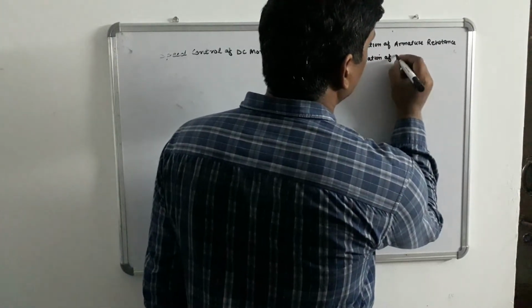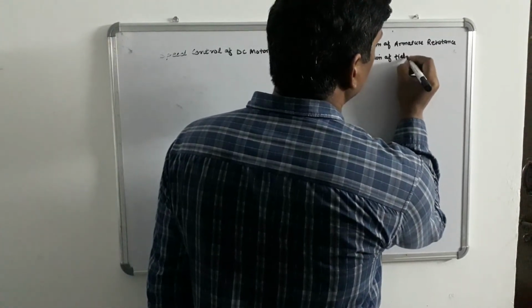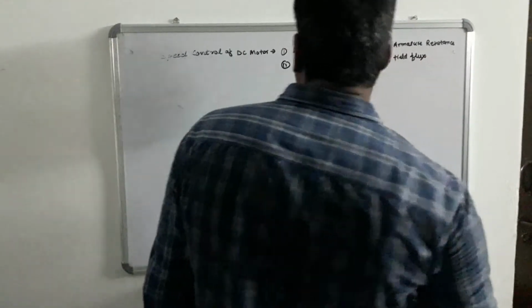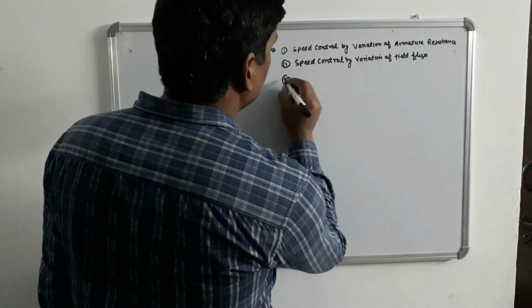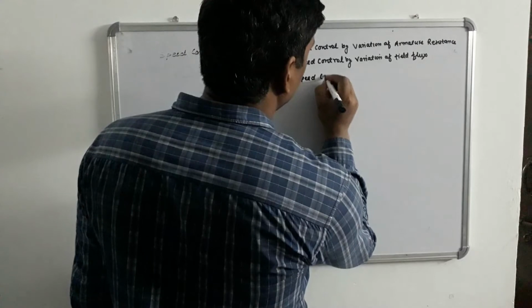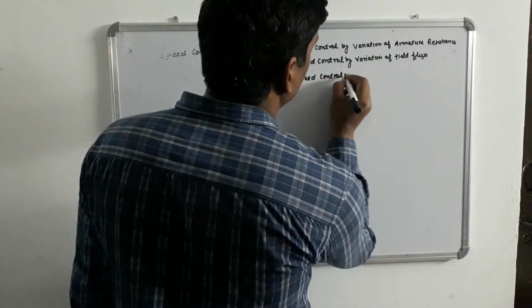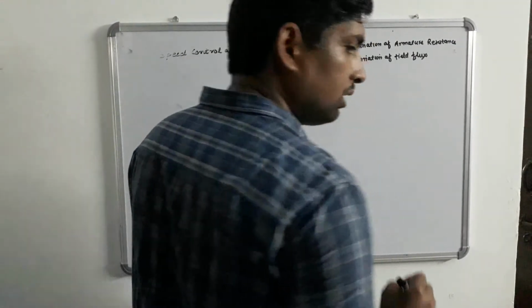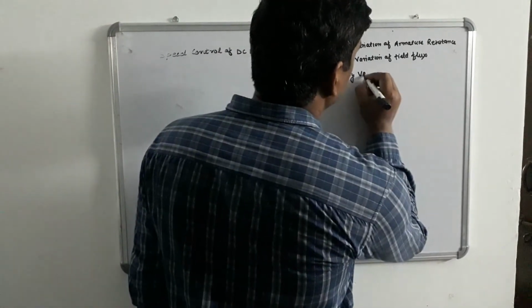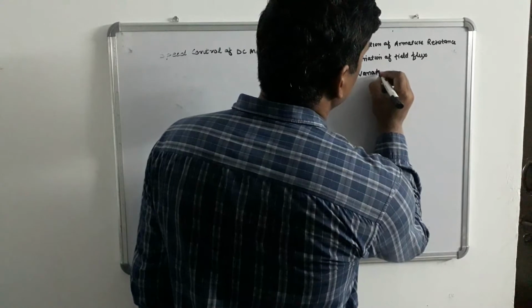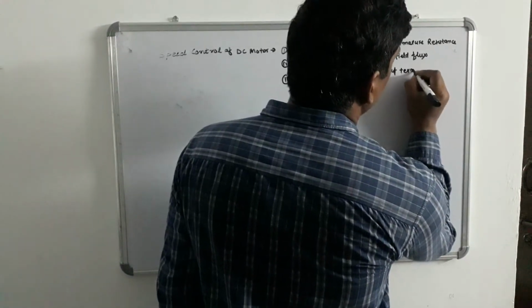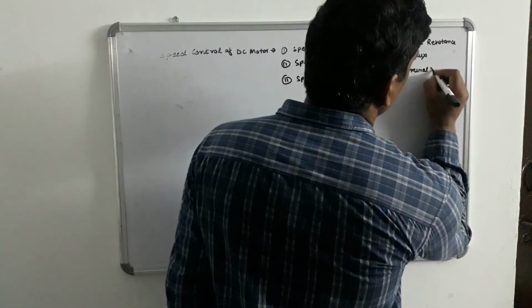Third is speed control by variation of terminal voltage.